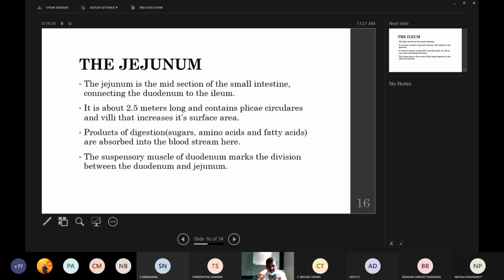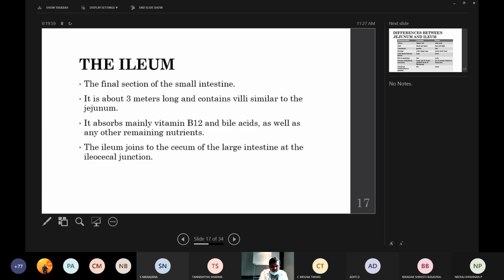It is about 2.5 meters long and contains plicae circulares and villi that increase the surface area. Products of digestion, sugars, amino acids and fatty acids are absorbed into the bloodstream here. The suspensory muscle of the duodenum marks the division between the duodenum and the jejunum.